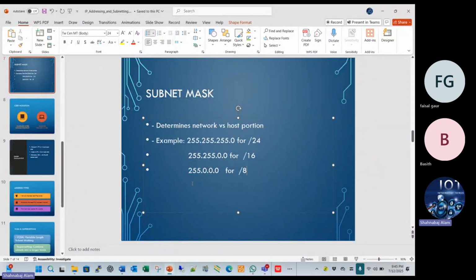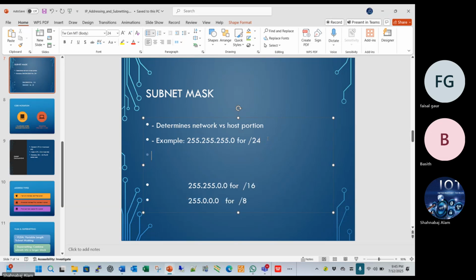So I hope you understand. If you want to convert this, suppose 255.255, that is calculation, but we cannot do it here.